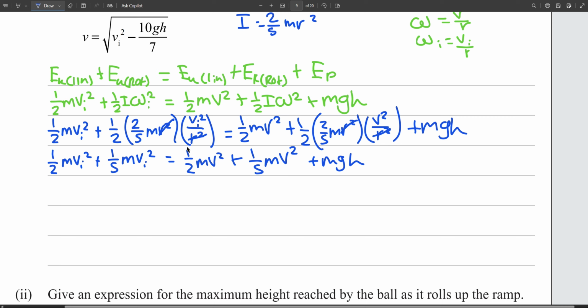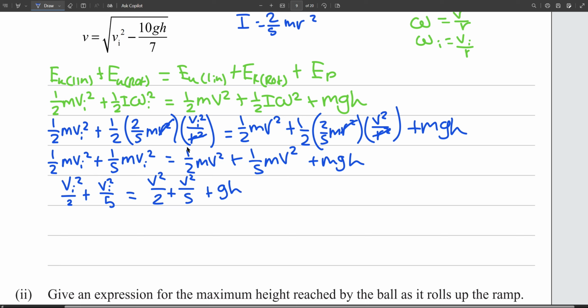Cool, now we can start. Oh wait, mass is common in every one of these terms, so I'm going to get rid of the mass. So we get vi squared on 2 plus vi squared on 5 is equal to v squared on 2 plus v squared on 5 plus gh.